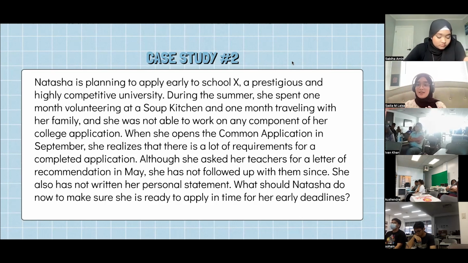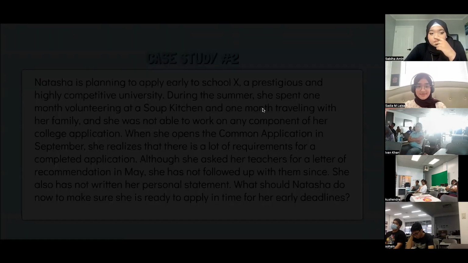She just has to do it faster. And then also start looking at the supplementals. If it gets too much, she's still starting early enough to complete the application in time for regular decision. Okay, thank you, Alexandria.